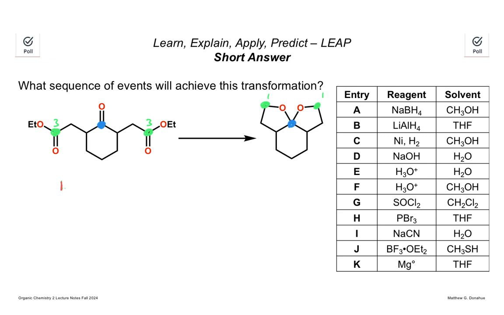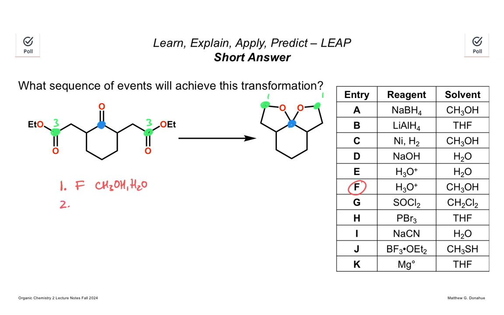Again, step 1 would be your protection step. So that would be F. So that protects the ketone as the acetal.